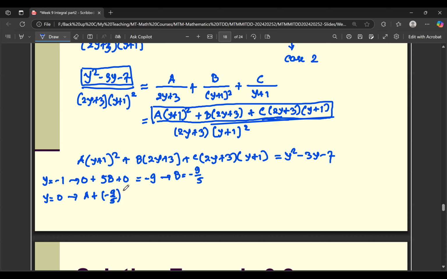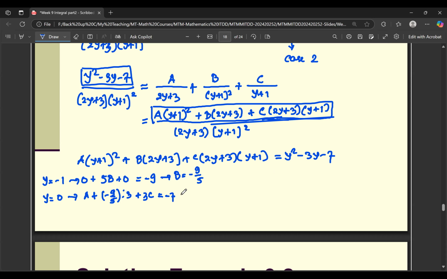And this will be 3, because it is 0 plus then we have 3 times 1, which is 3C, and the right side will be minus 7.